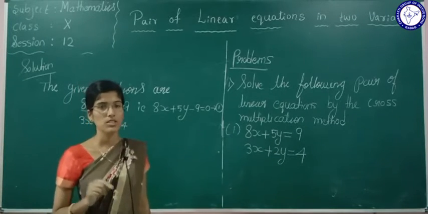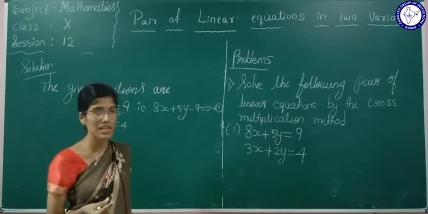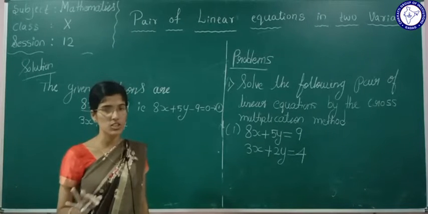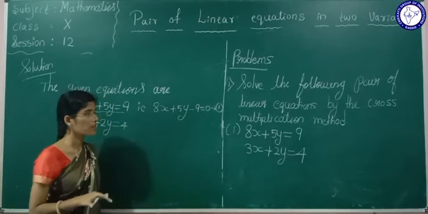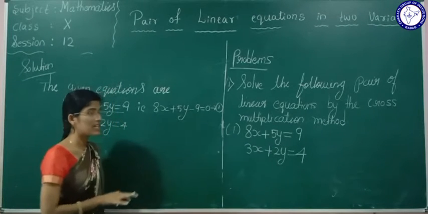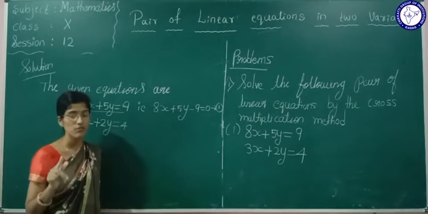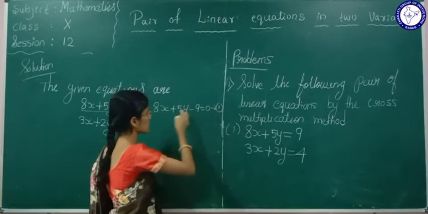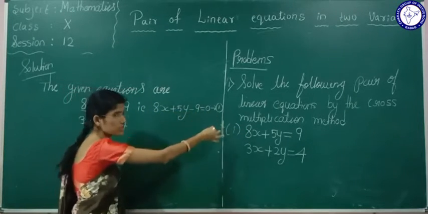I just told you what the solution of the standard equation may be if I gave you two linear equations. So the steps to solve a linear equation by the cross multiplication method: the first step is that you have to write the equation in the form a1x plus b1y plus c1 is equal to 0.